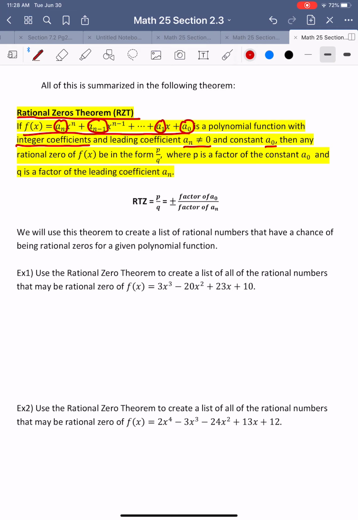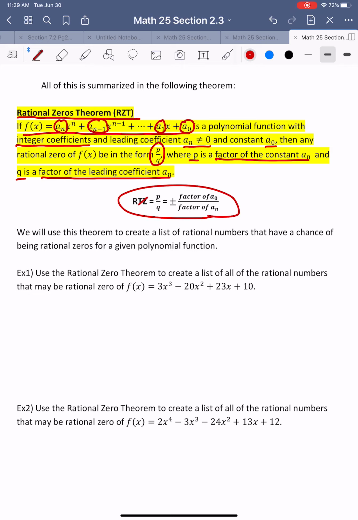And then any rational zero of f of x is in the form p over q, where p is a factor of the constant a sub 0, and q is a factor of the leading coefficient a sub n. So in order to get the rational zeros, we get this form.